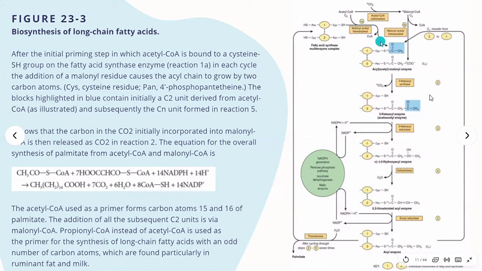So the addition is always 3 carbons in the form of malonyl-CoA, and then there is decarboxylation in this reaction here where carbon dioxide is removed. So it is just as if you are only adding 2 carbons. But you should remember that malonyl-CoA is 3 carbons. But once it is added, it is decarboxylated.